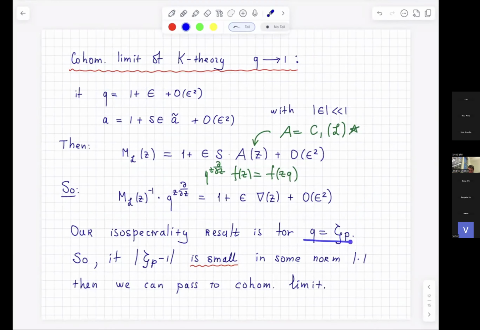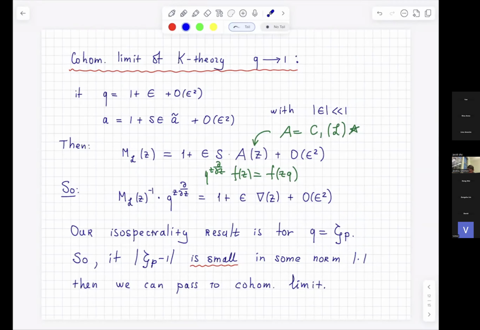And if Q is close to a root of unity, then I couldn't really do it over complex numbers, because it's not true in general that for a complex root of unity zeta, zeta minus 1 is a small parameter in some sense. But it's actually exactly true if we work with p-adic norms. So at this point, we can switch to considering these operators over p-adic fields and do the cohomological limit, expanding everything close to the root of unity.